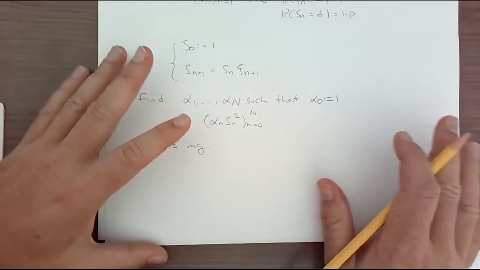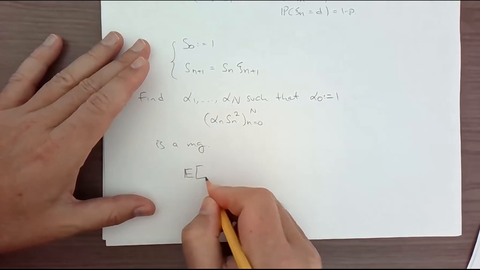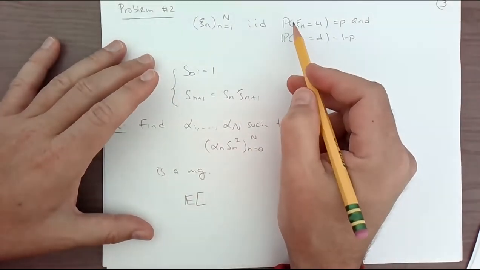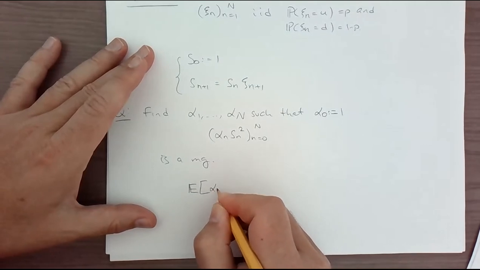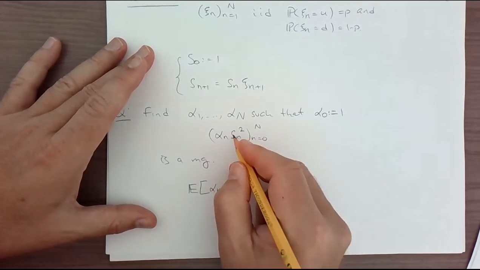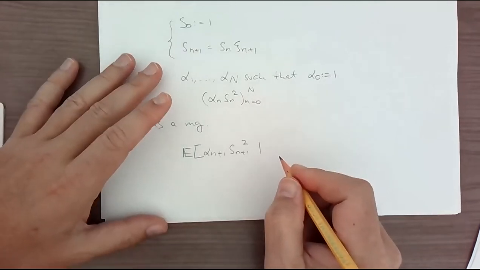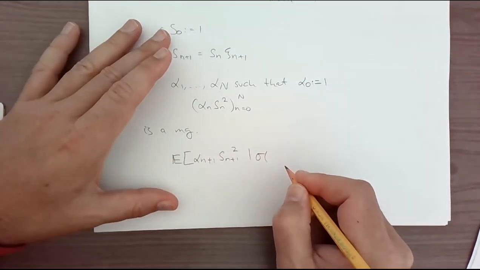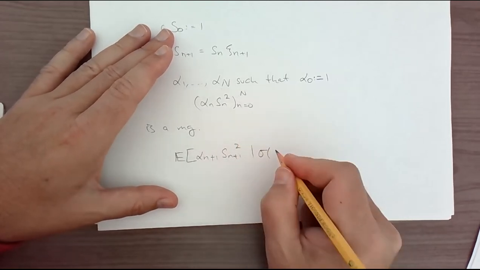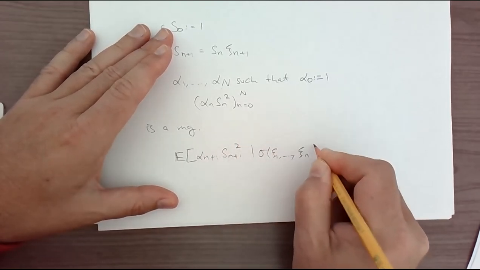Well, the thing that we're hunting is, you want to compute expectations. So we're under the measure P here. You want to compute the expectation of alpha n plus 1 Sn plus 1 squared given the first coin flips, psi 1 up to psi n.